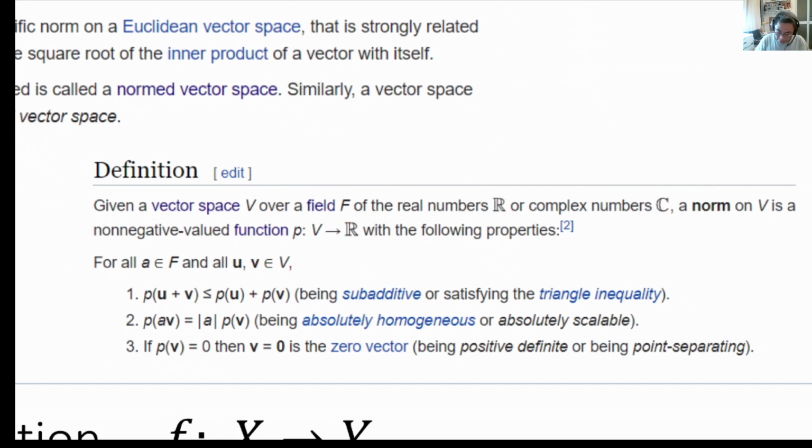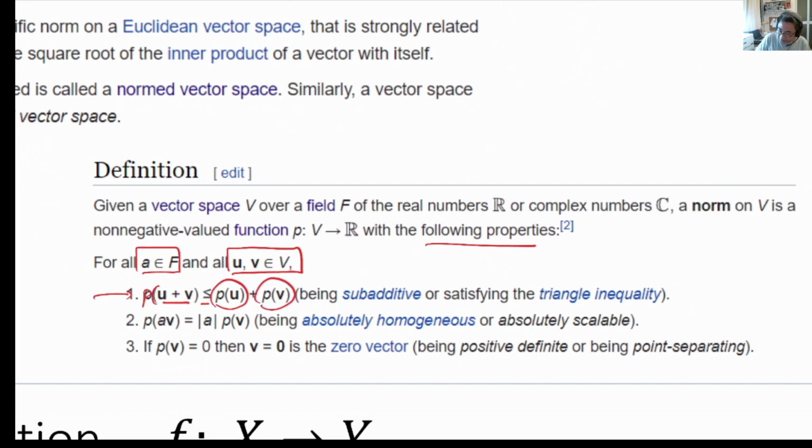Let's talk about the properties. The properties of the norm are these. If u and v are elements of the vector space V, and a is an element of the field, then the norm P of u plus v is less than or equal to P of u plus P of v.